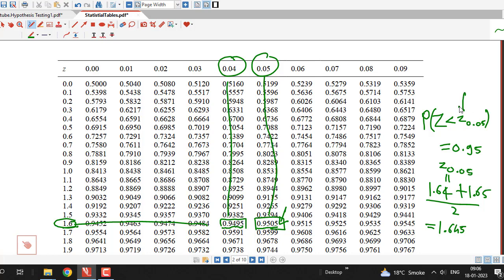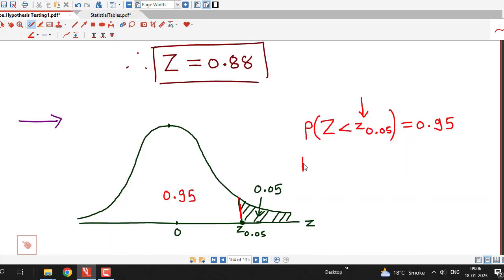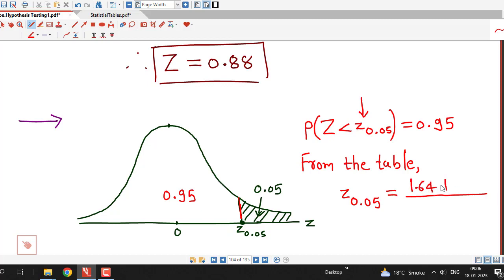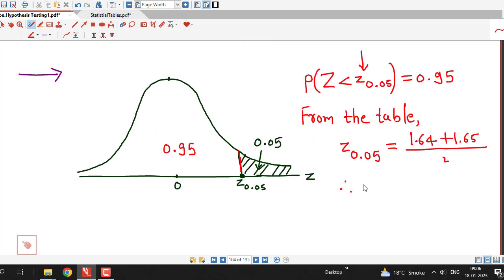So the value of Z for which the area to the left of this point is 0.95 is 1.645. So from the table we find that Z suffix 0.05 is the average of 1.64 and 1.65, and therefore Z suffix 0.05 is 1.645. This is the critical value for our problem.